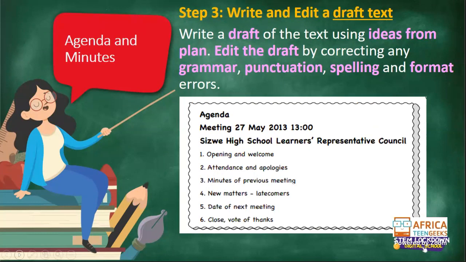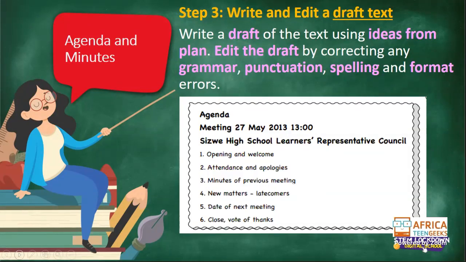Okay, the first point is opening and welcome. The second point is attendance and apologies. Third point, minutes of previous meeting. Fourth point, new matters, latecomers, date of next meeting, and you close with a vote of thanks. Remember, we are still on step 3. With the agenda, it's going to seem very repetitive, but it's going to help you understand exactly what order the agenda takes.